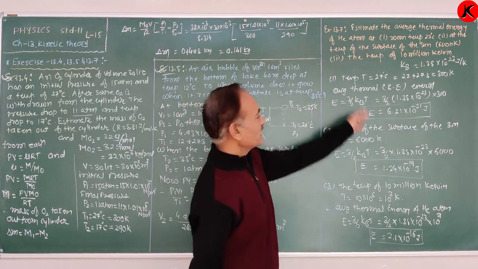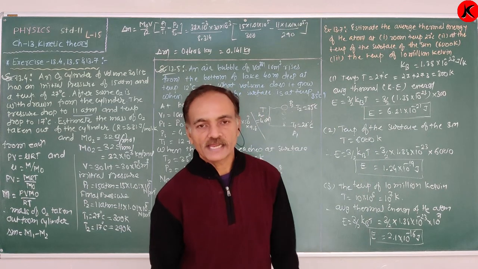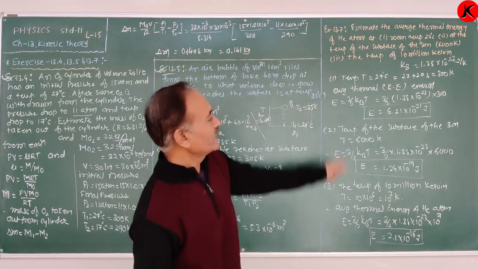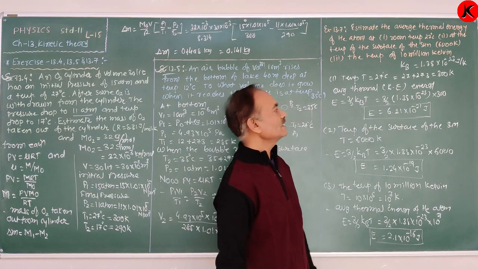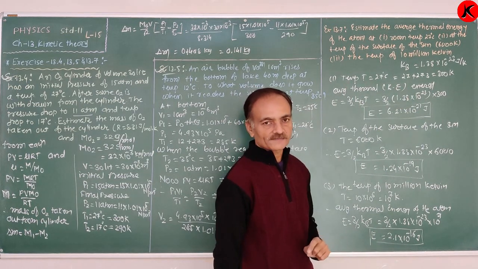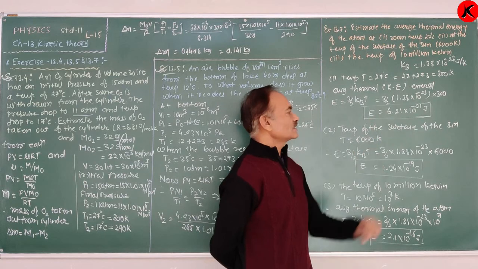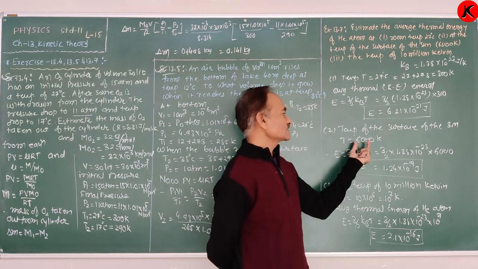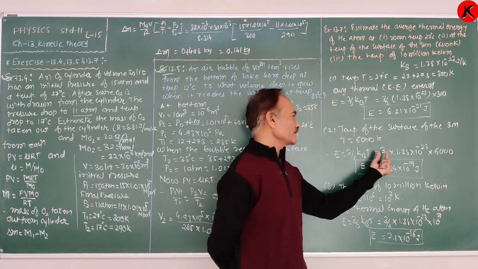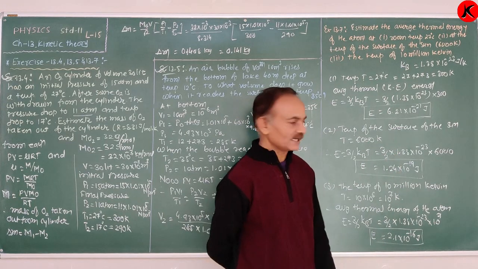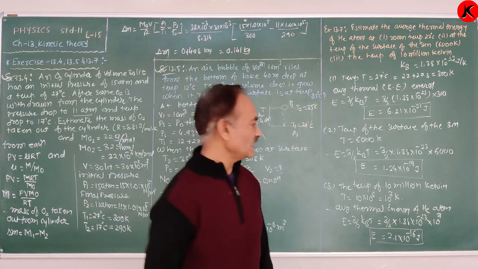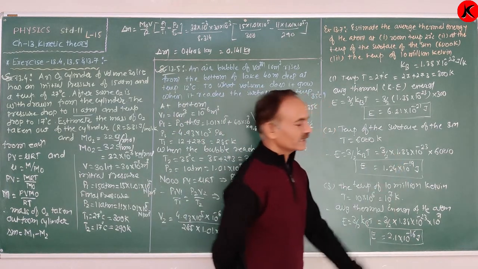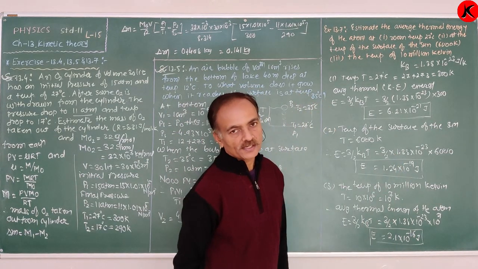So this way we can calculate the average thermal energy of a helium atom at room temperature. Its value is 6.21 into 10 to the power minus 21, room temperature is 300 Kelvin. Temperature of the surface of the sun is 6000 Kelvin. Substituting 6000, we obtain the average thermal energy of a helium atom as 1.24 into 10 to the power minus 19 joule.